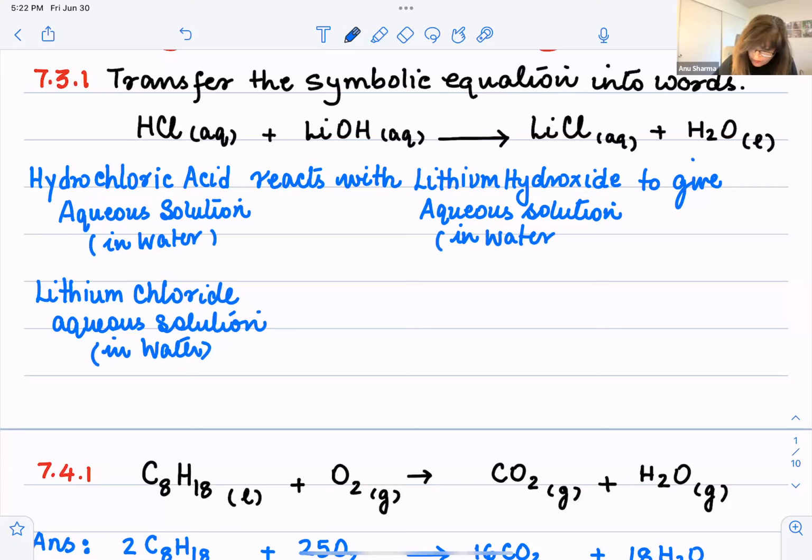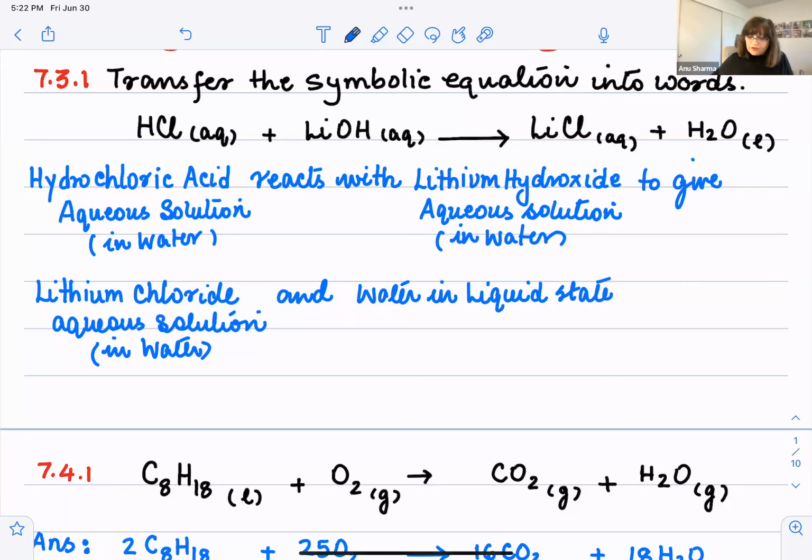So this is all in water. Aqueous itself means that. And it gives lithium chloride and water in liquid state, because water can also be produced in a vaporized state, which is the gaseous state. In liquid state, so this is the way you write them down.